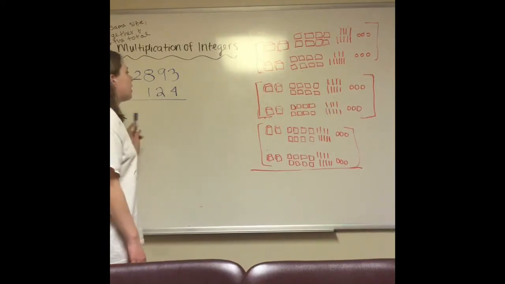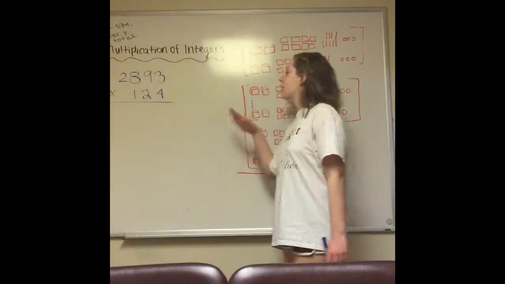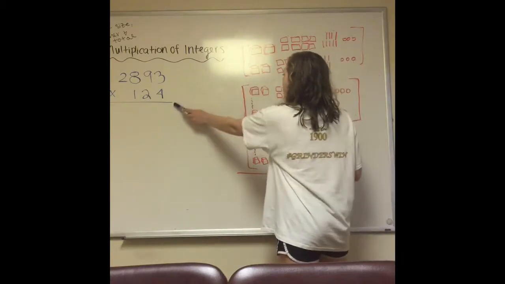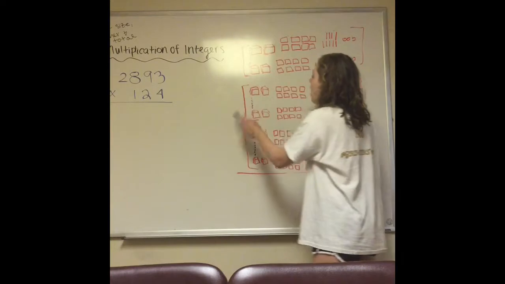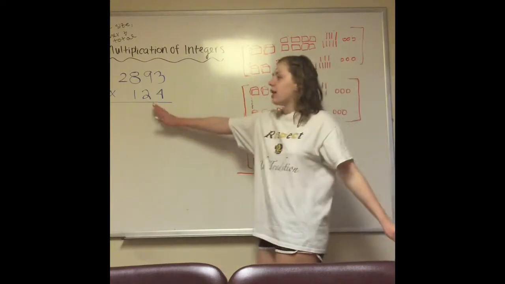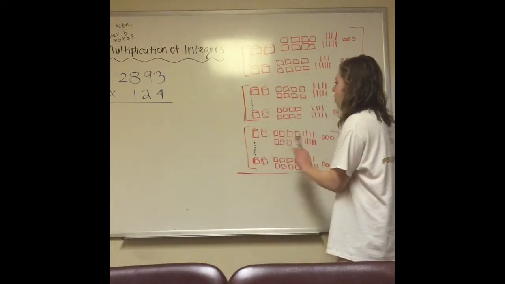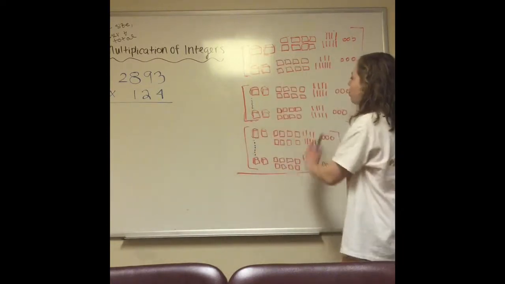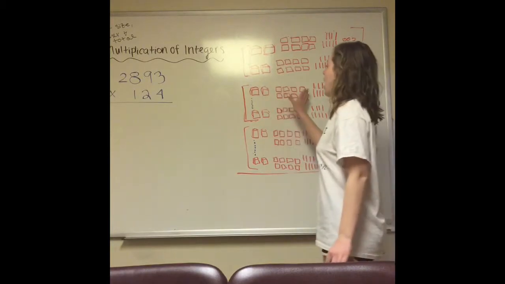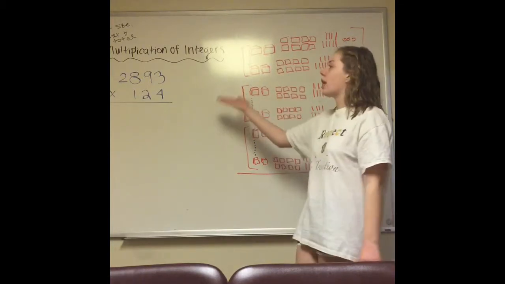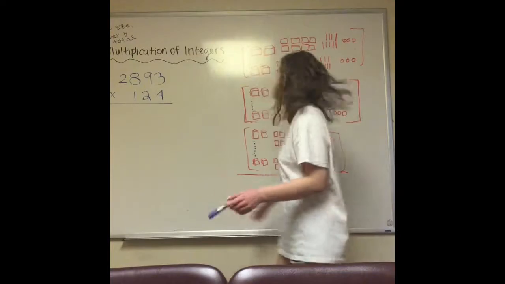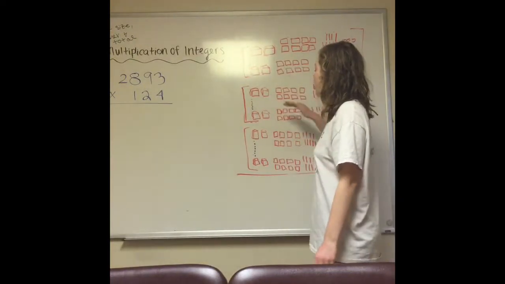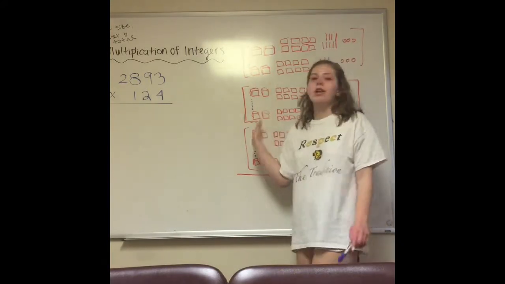So as you can see here, we have groups, and to break it down a little bit, we have here our group of 4 to represent that ones column, our group of 20 to represent that tens column, and our group of 100 to represent our 124 being multiplied by 2,893. And so all in all, in our block form here, we have 124 groups of 2,893.